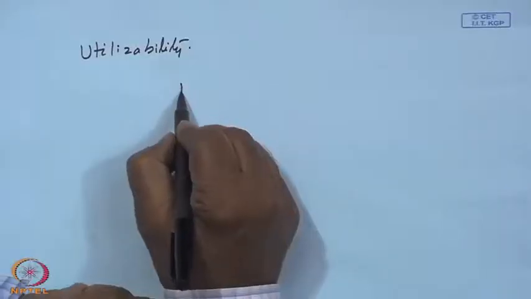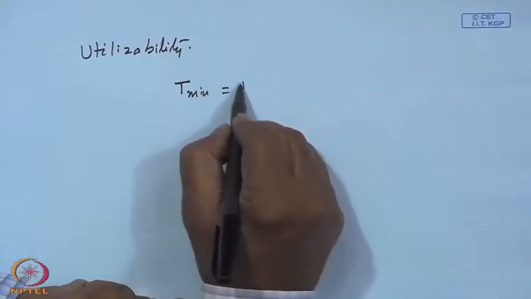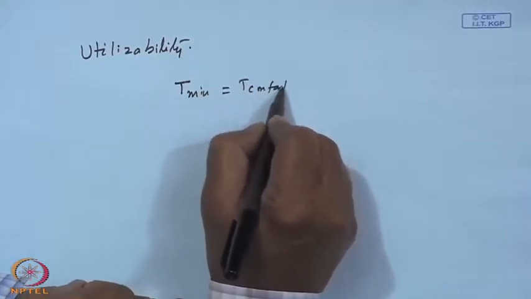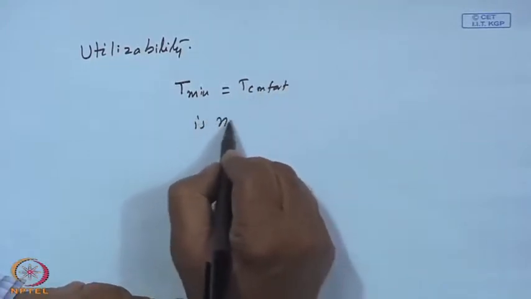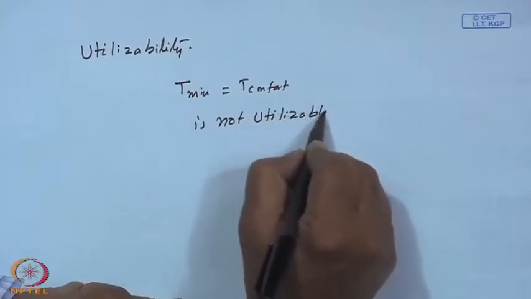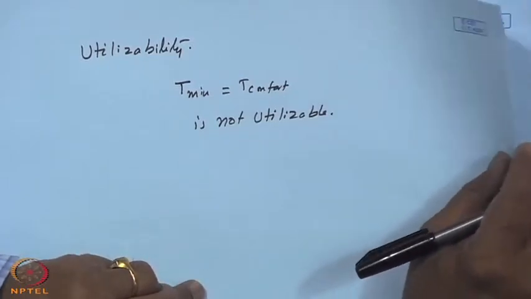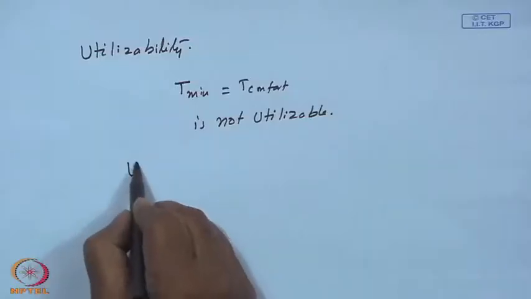But in the case of passive heating, the solar radiation above a certain level comparable to the T minimum equal to T comfort is not utilizable. In other words, once the room is at T comfort level, any solar radiation above that level shall not be utilized, and hence the concept of unutilizability.